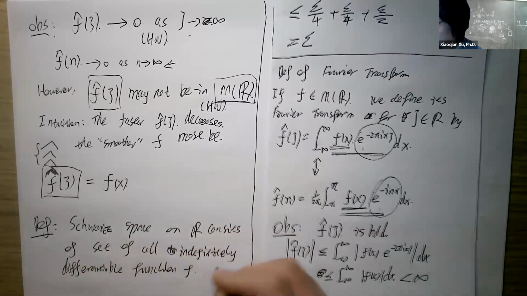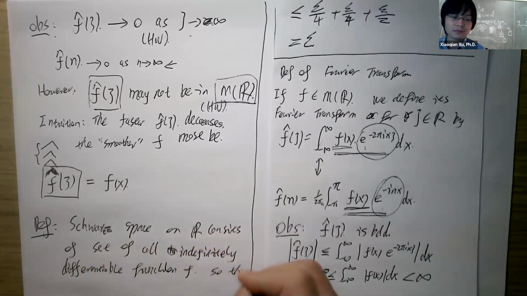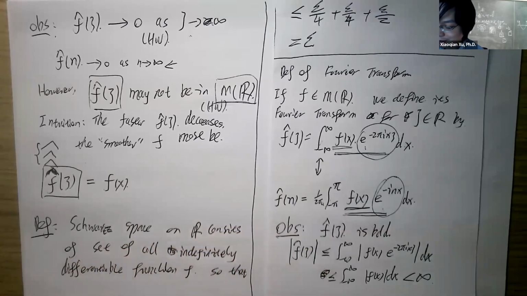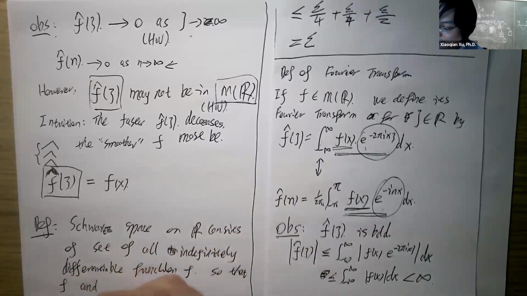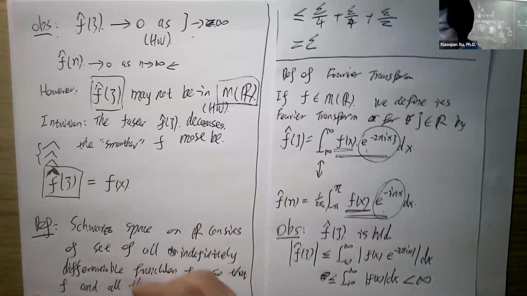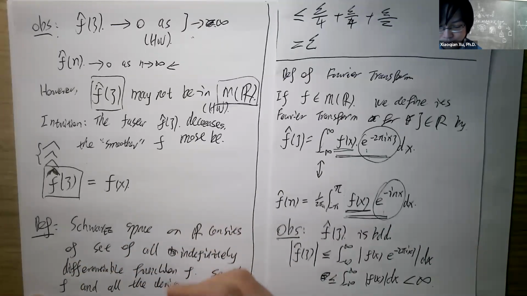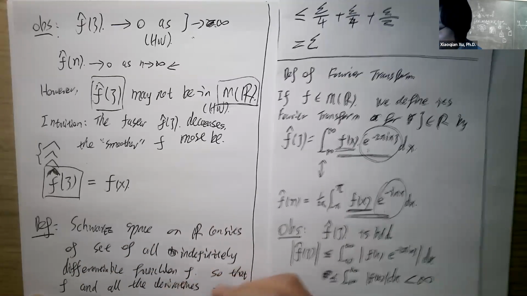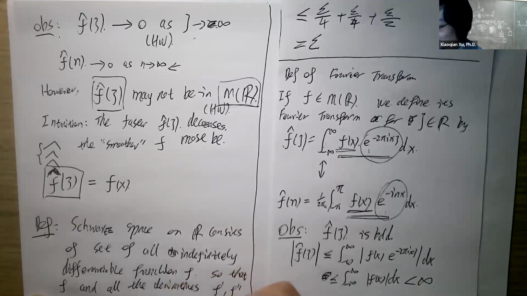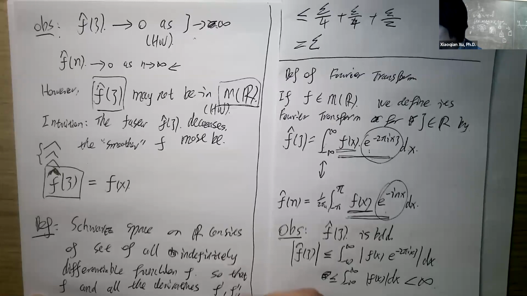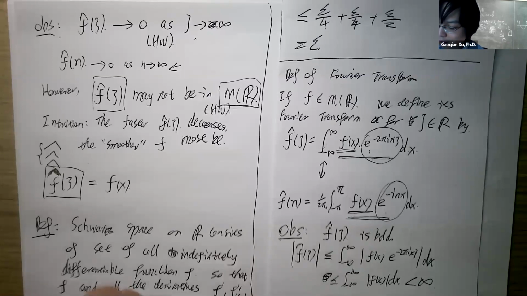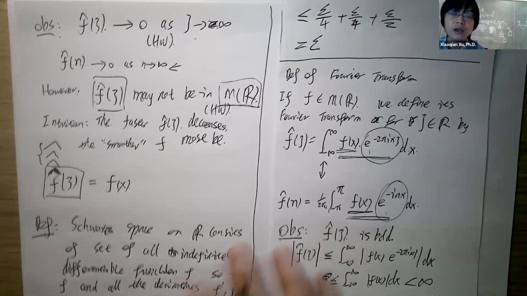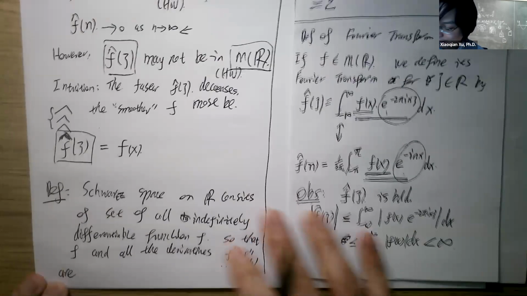F, so that the following: F and all the derivatives F prime, F double prime, until F to the l-th derivative, let's say this is l prime, okay, are so-called rapidly decaying.